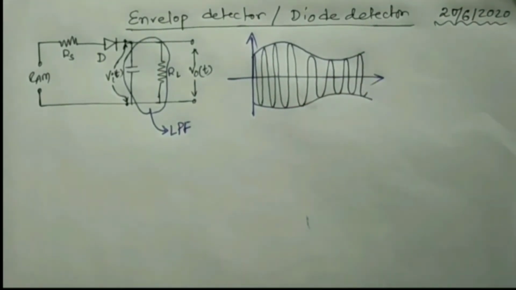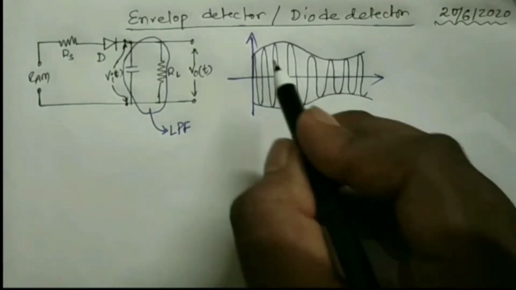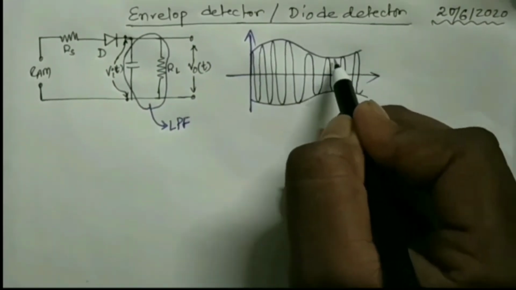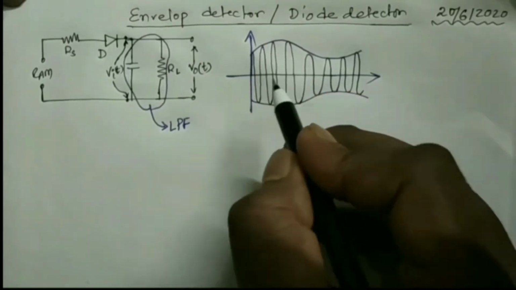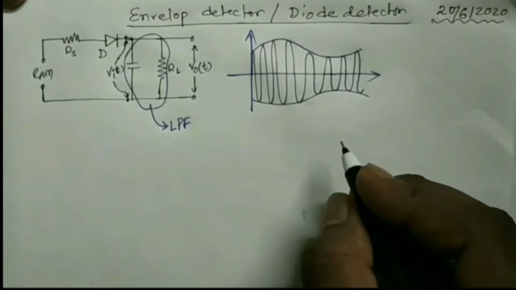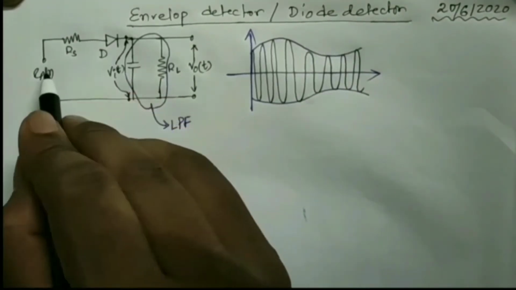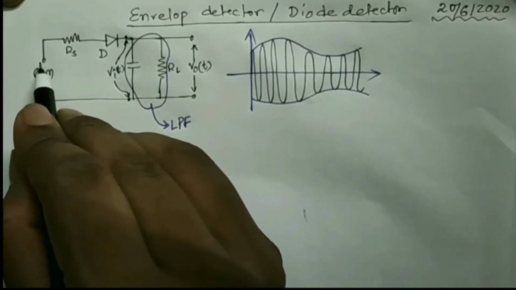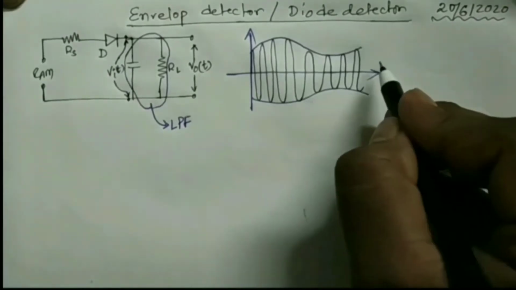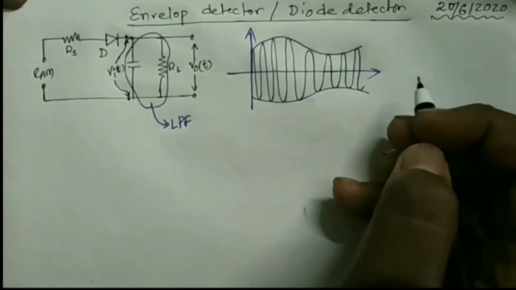If you remember, in a previous video where we discussed the basics of amplitude modulation, this was the equivalent graph for the modulated signal, where this is the frequency of the message signal and this in black is the frequency of the carrier signal. Now here, since we use this diode in this polarity, the positive part of this applied signal EAM will be passed through the diode and the negative portion will be suppressed.